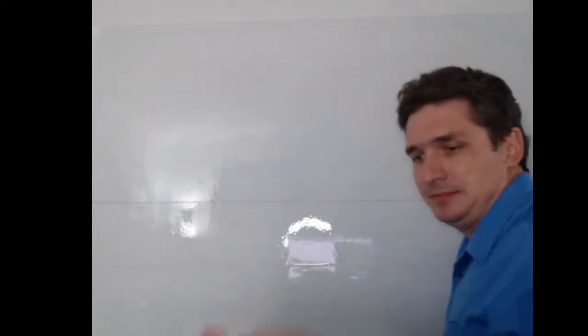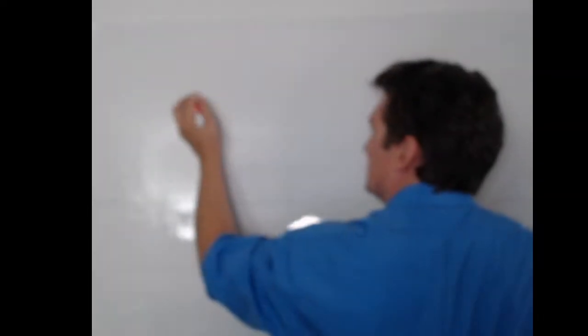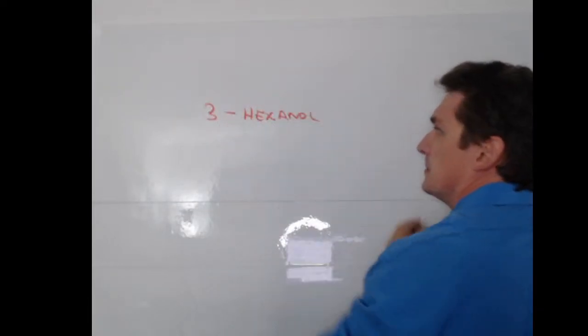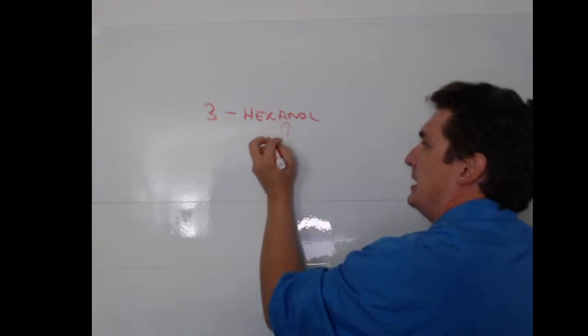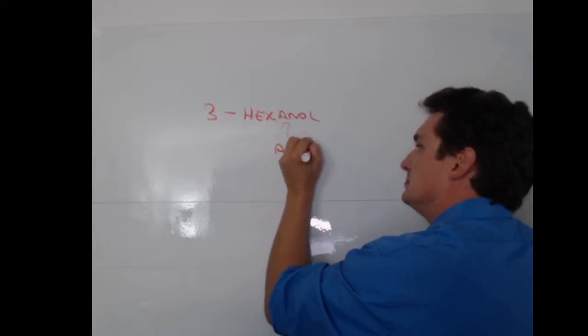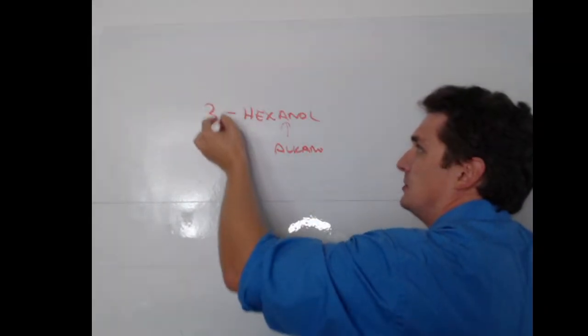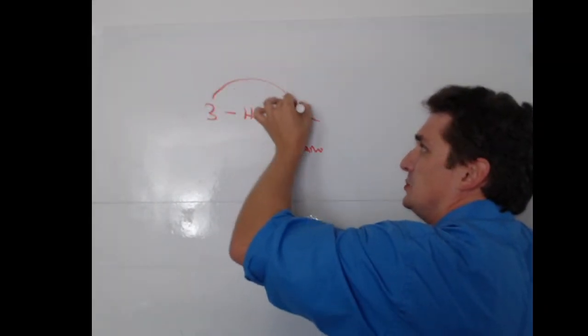I guess I can write it out. So if you had 3-hexanol, the A here meant an alkane. But now, what we do if we want to convert it to an alkene is we throw the number in there.